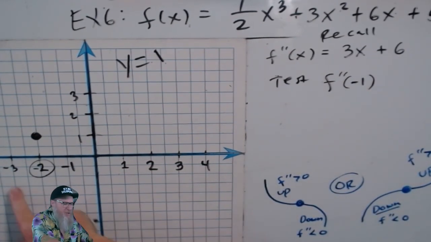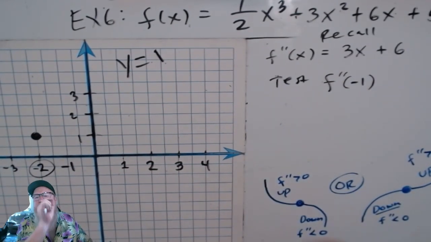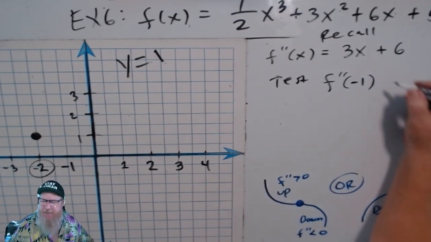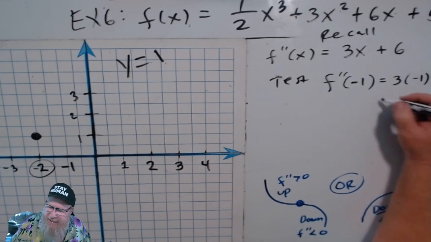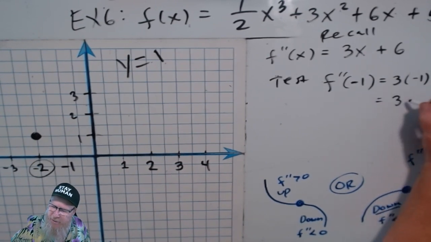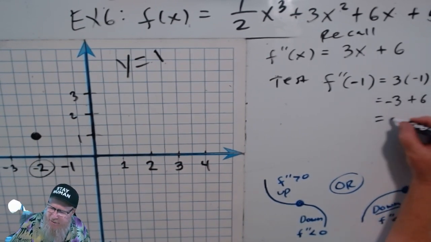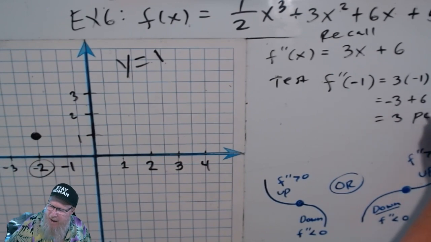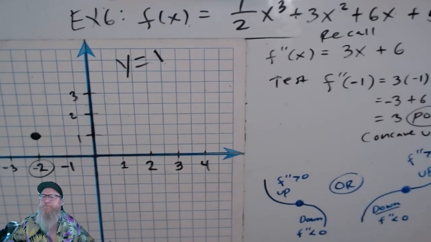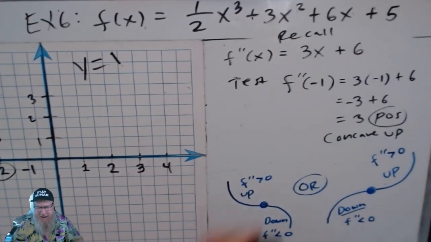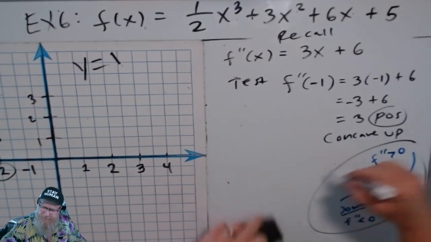If you like, you can also do negative 3. Once you've tested one number, the other number is going to be the opposite. That's going to be 3 times negative 1 plus 6, which is negative 3 plus 6, which is 3. This is positive, so it's concave up. So that means this is the winner.